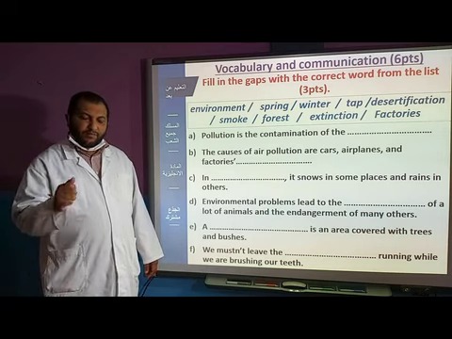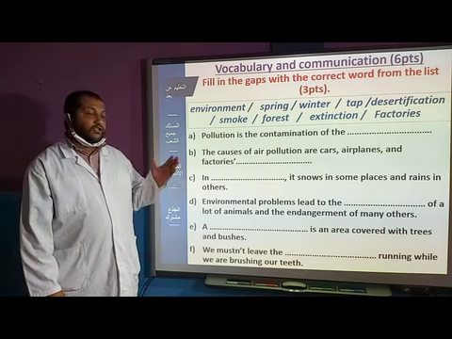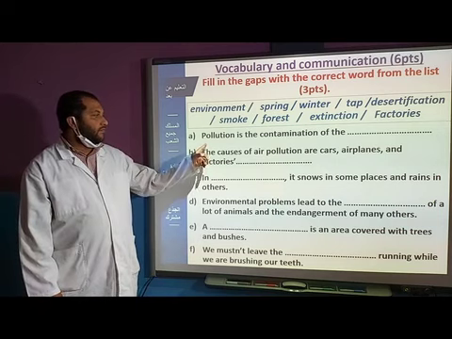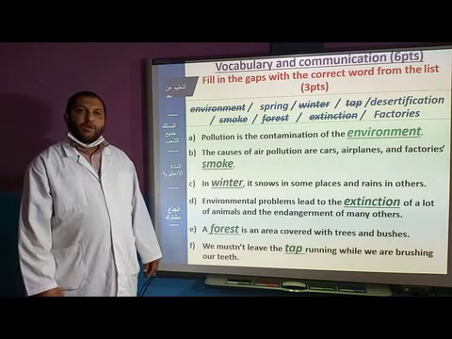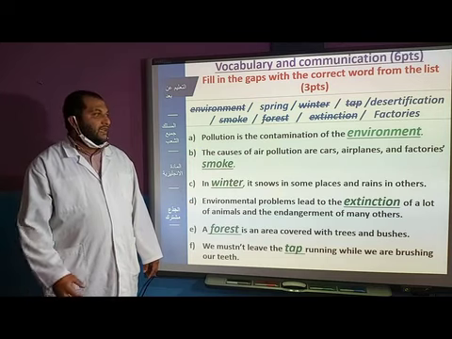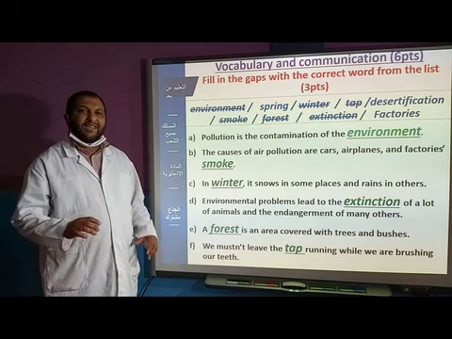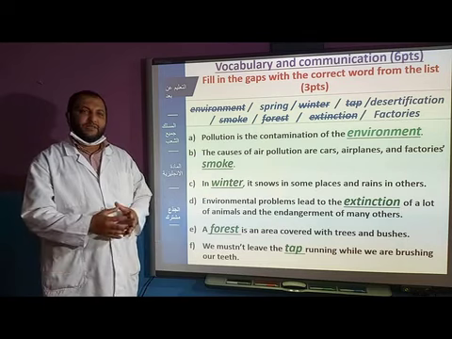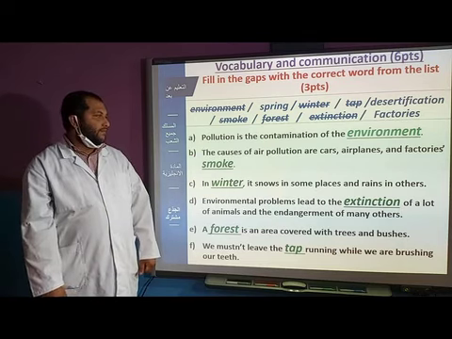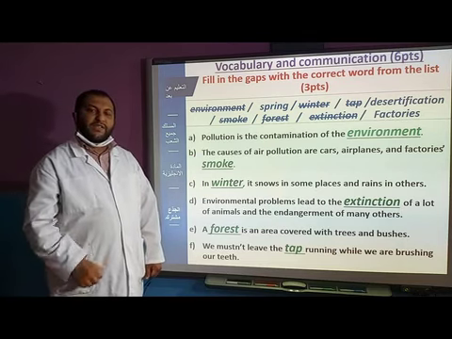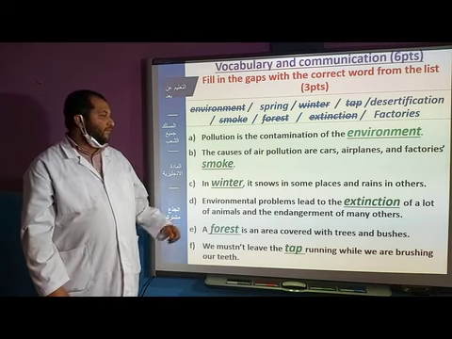Are you ready? Great. Let's correct. A. Pollution is the contamination of the environment. So the first keyword is environment.